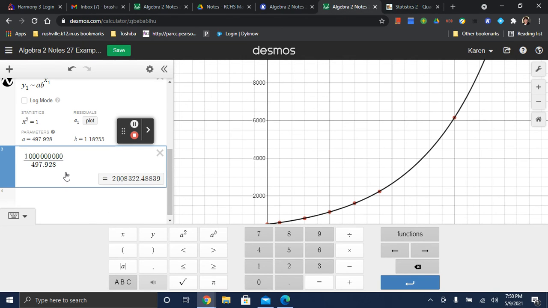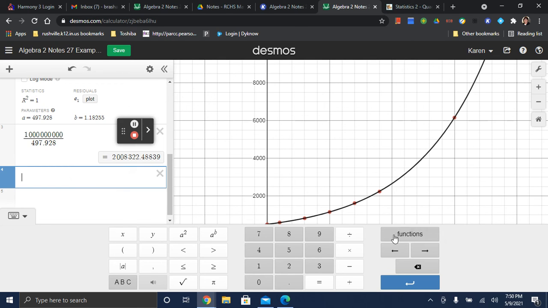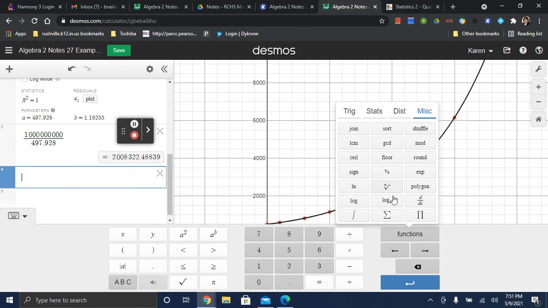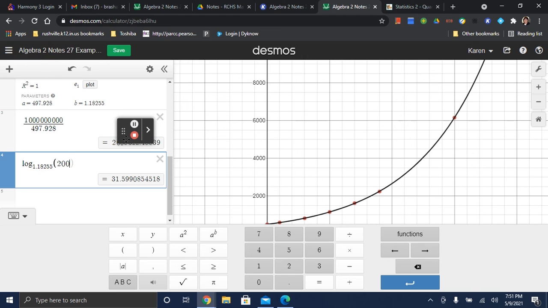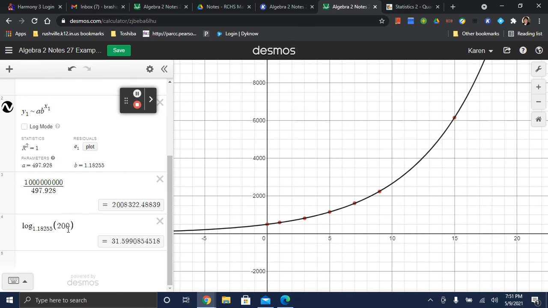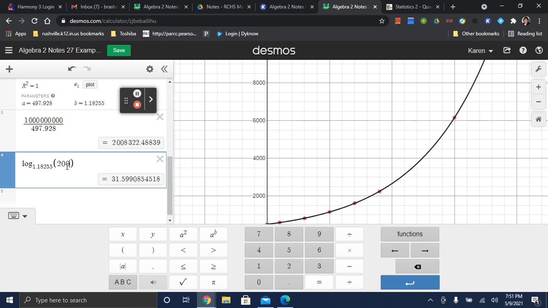So I'm going to go ahead and hit enter, go to functions, miscellaneous, log base A. So your base was the B, 1.18255, and it was this number that we were doing the log of, so 2,008,322.48839.